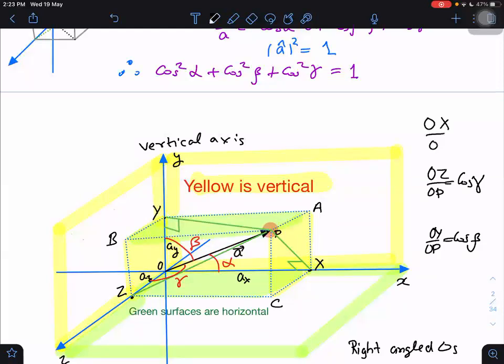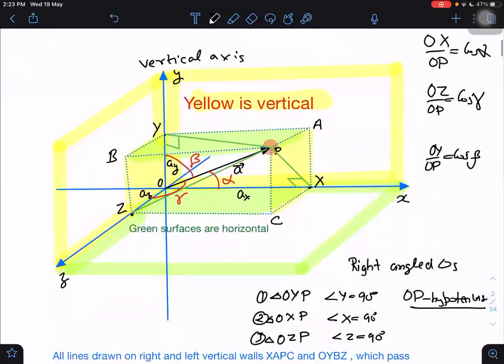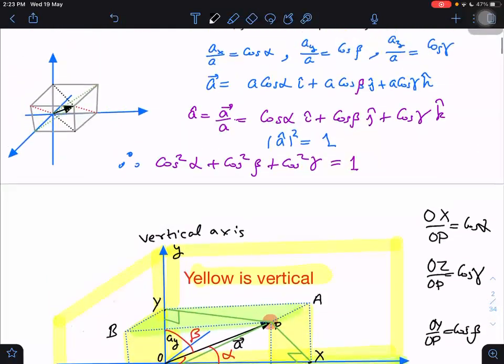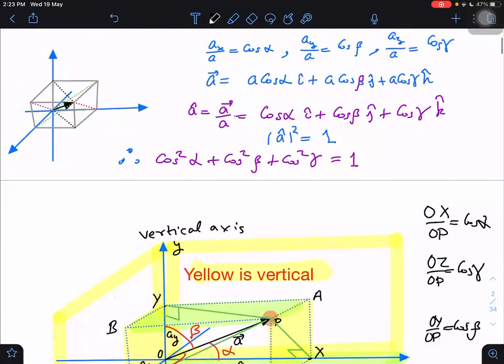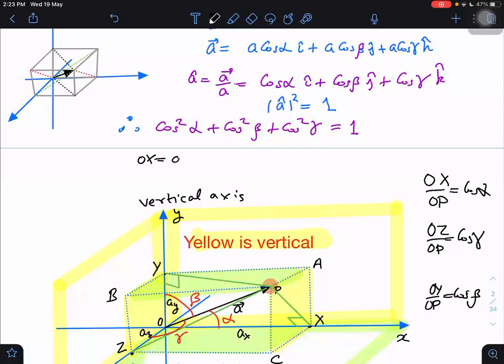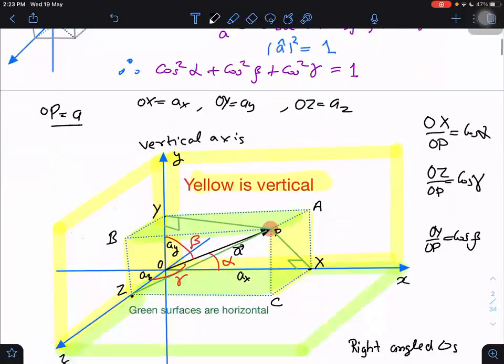So OX upon OP is cos alpha. Right. So you understood now. And this OX is nothing but AX, OY is AY, and OZ is AZ, and OP is equal to A.